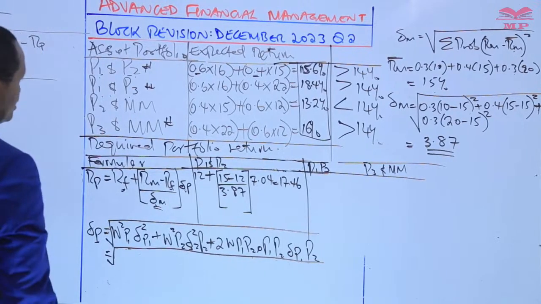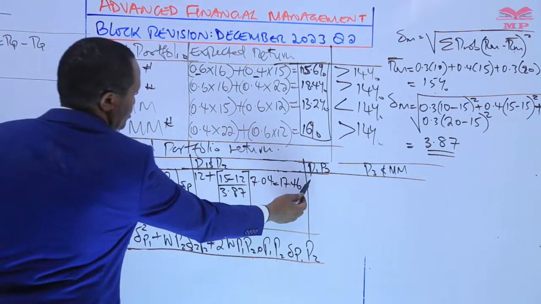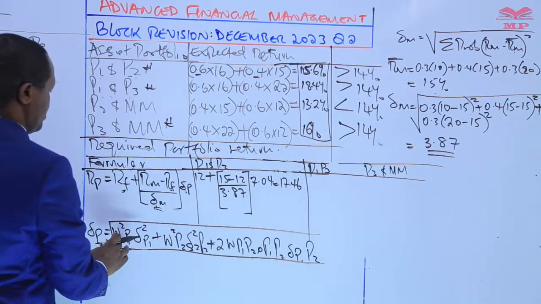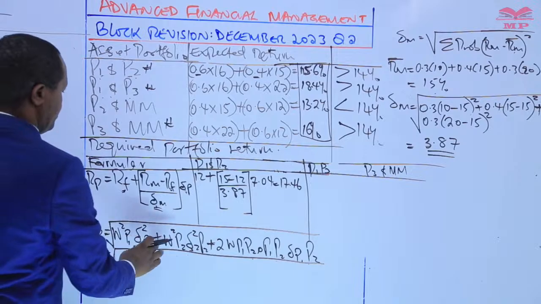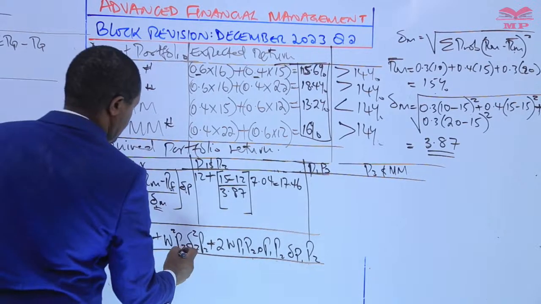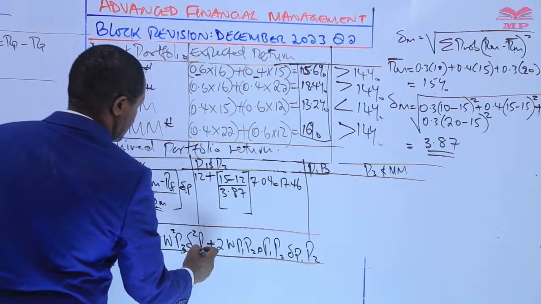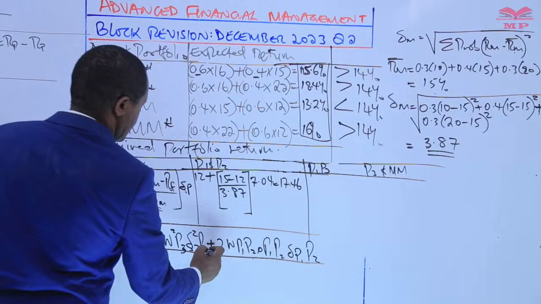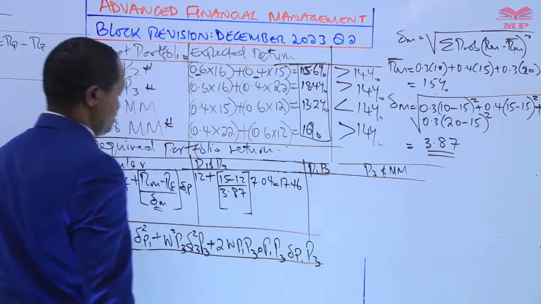So here we have P1, P3. Here we just change to 3, 3, 3.